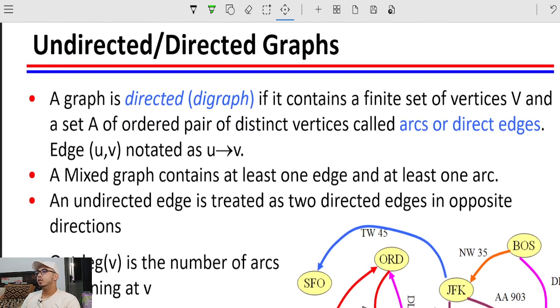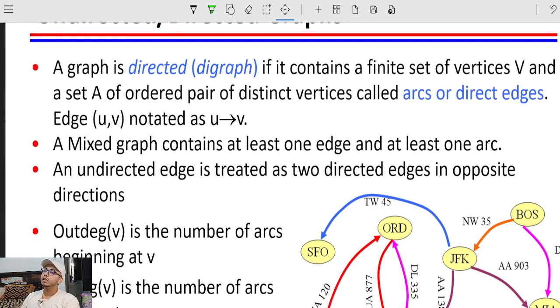So you know what undirected and directed graphs are. A directed graph, or digraph, contains a finite set of vertices V and a set of ordered pairs of distinct vertices called arcs or directed edges, notated as u implies v. A mixed graph contains at least one edge and at least one arc.